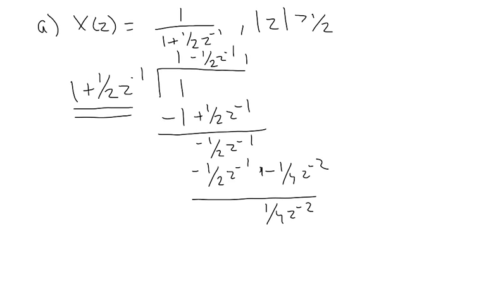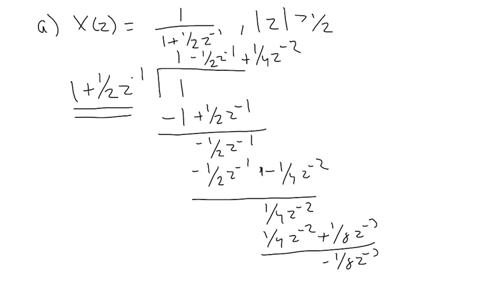So now, as the pattern shows, we multiply by the same things to get rid of it. And we'll get 1/4 z to the negative 2 plus 1/8 z to the negative 3. This will get canceled, and we'll get a minus 1/8 z to the negative 3. And you can guess that the next one is going to be 1/8 z to the negative 3.